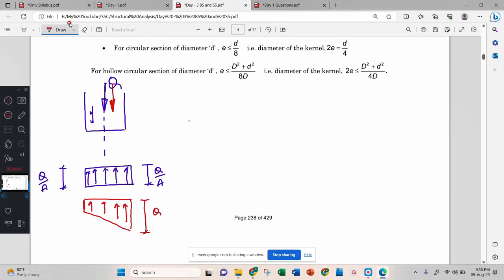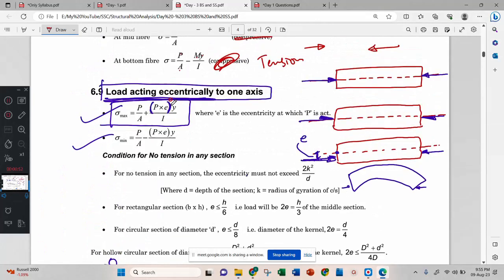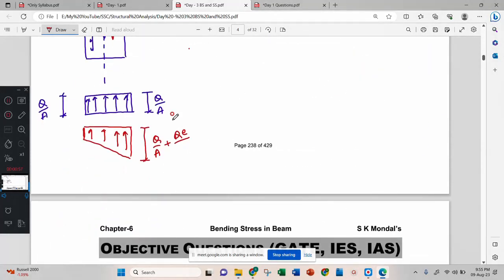That is Q by A plus QE by I into Y, QE into Y by I. Then this is Q by A minus QE into Y by I.